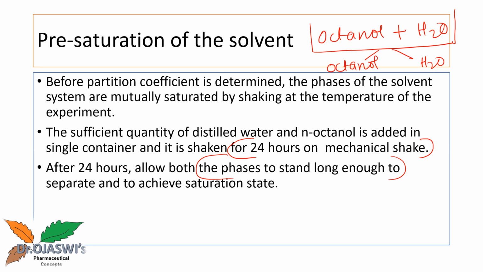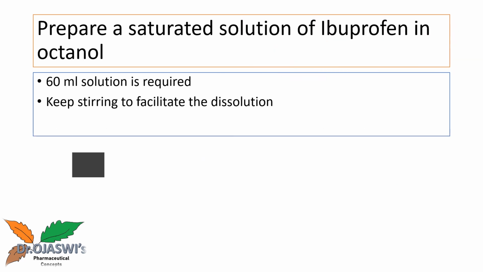This octanol which I have separated, I will use to make a saturated solution of the drug, and this water will be further used to make different sets as stated in the procedure. To make a saturated solution of ibuprofen in octanol, I am taking 60 ml of octanol.